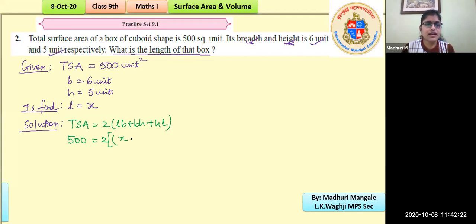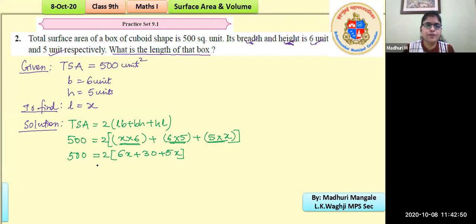Length is x and B is 6, plus B is 6 into height is 5, plus height is 5 into length is x, right? So let us simplify. 500 equals twice of x into 6, that is 6x, plus 5 into 6, that is 30, plus 5 into x, that is 5x, right, students?